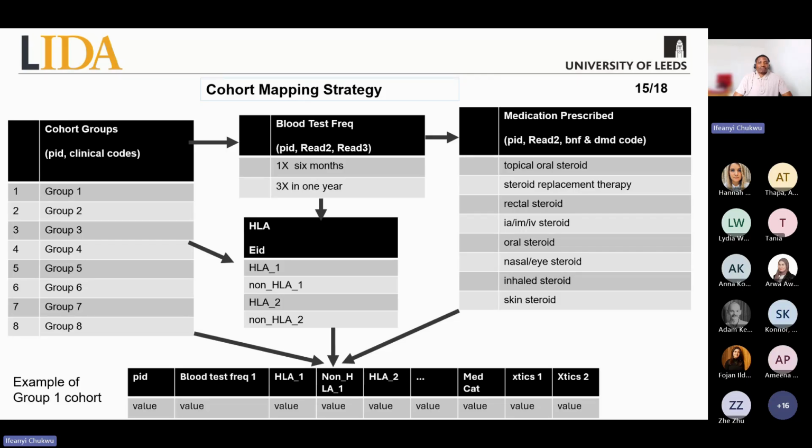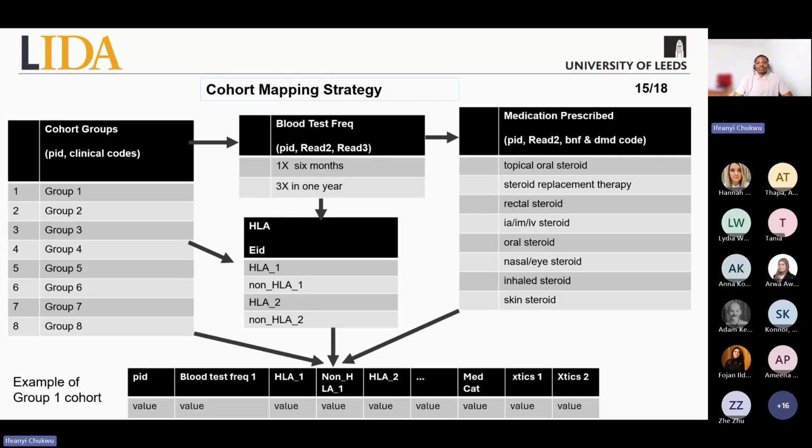And we found the number of times they were having blood tests. The blood test data is also hundreds of millions of rows. So we needed to get the participants in each group that had a blood test frequency of once in 6 months and 3 times in 1 year to create the cohort of interest.